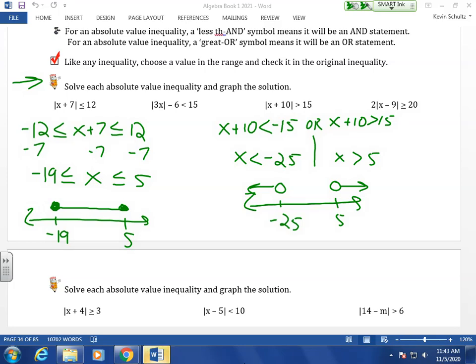Okay? So there's your intro to it. We will finish this up tomorrow. We'll do the other 2 examples where the bars aren't by themselves to start. We'll do some on the back side perhaps as well, or the second page. And then you'll get your practice test tomorrow. So you have the weekend to work on it.